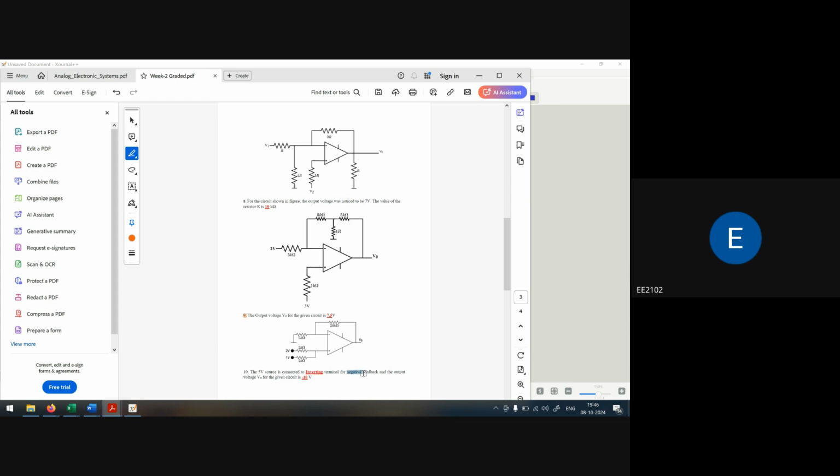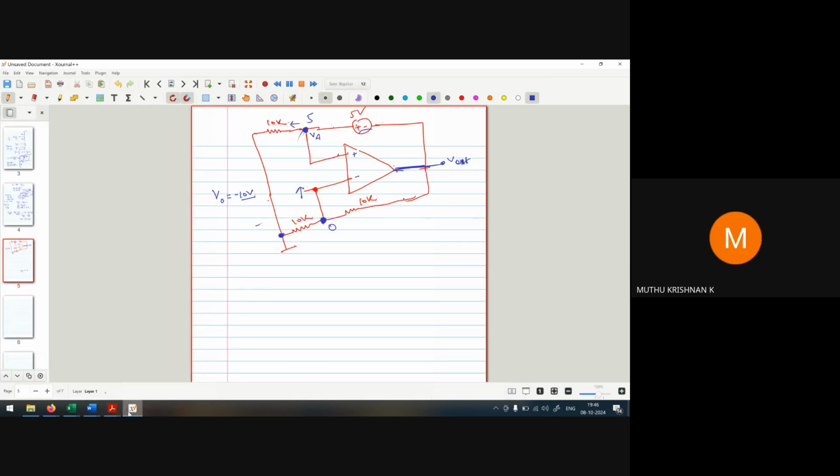Now how do we justify this negative feedback? So we will have 5 volts as the difference, and then it will start pushing the load.